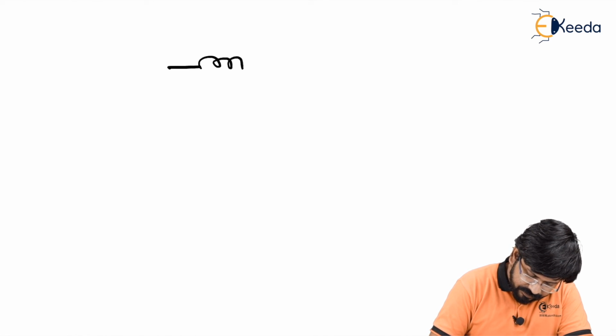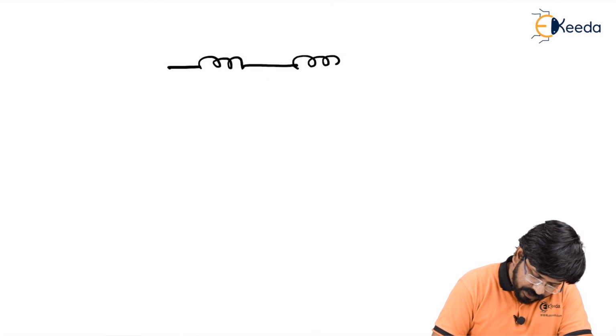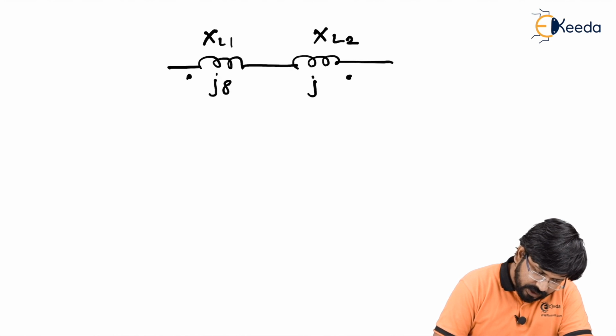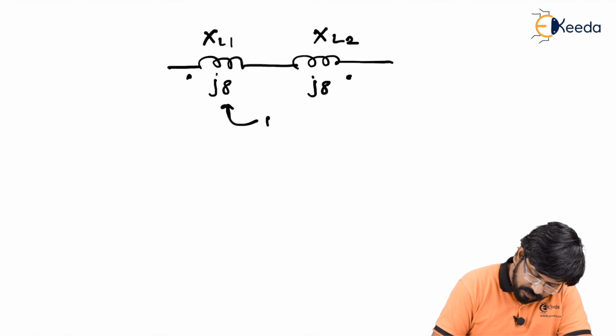So now what I can see is, we can concentrate on this circuit. If you remember, this is XL1, this is XL2. It was like this. It was J8, J8. Also, we got a mutual coupling between them and it is J2.